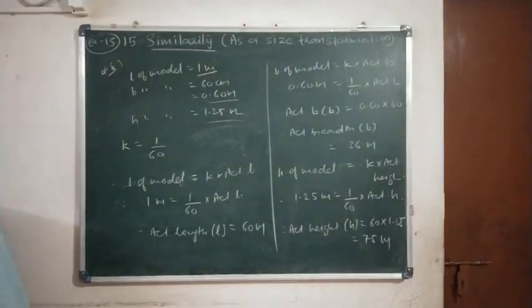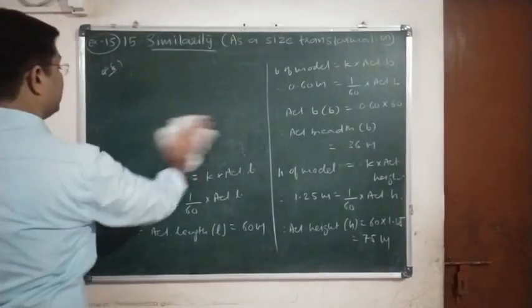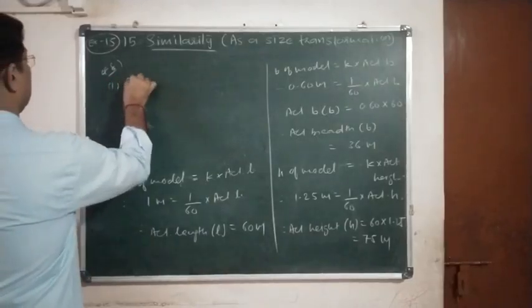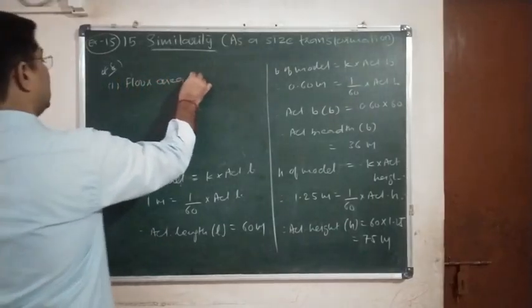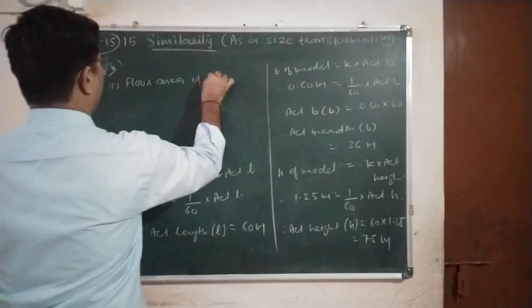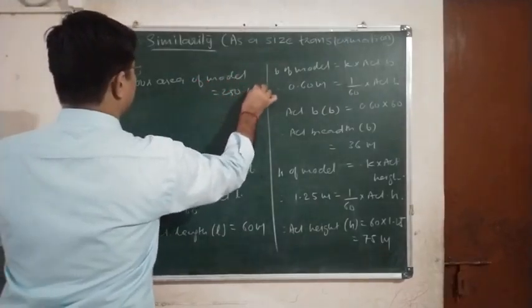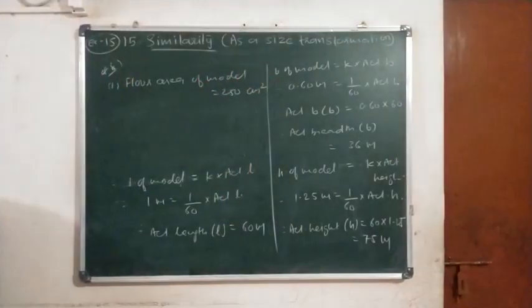Okay, now further questions are given. Find the floor area of the room of the building whose area in the model is 250 square centimeters. Number 1, floor area of model is 250 square centimeters, yes or no?